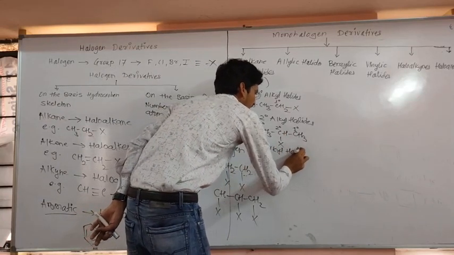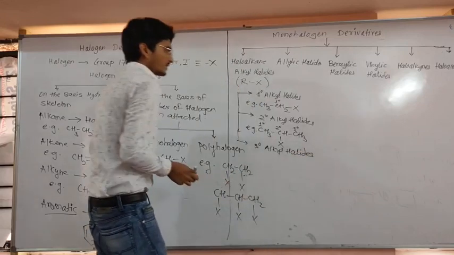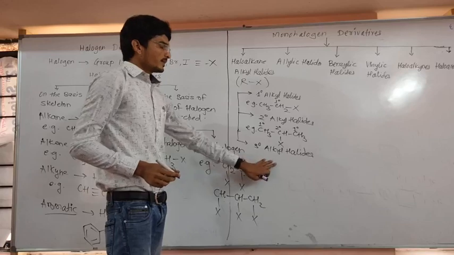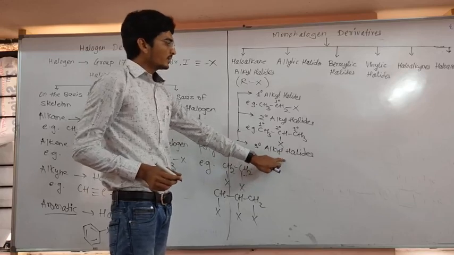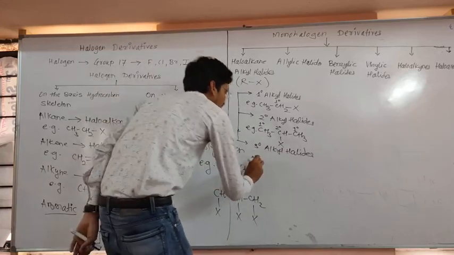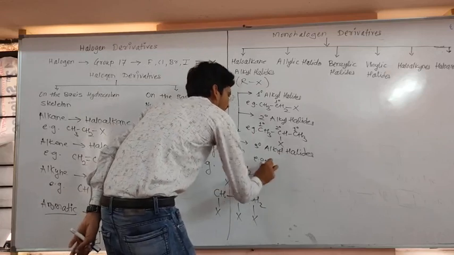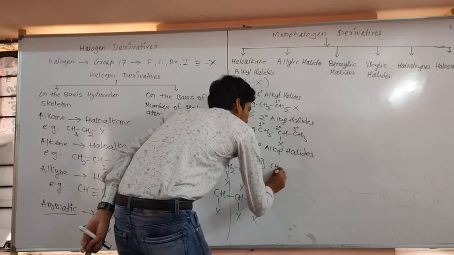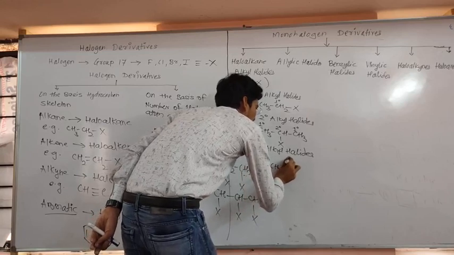So what is meant by tertiary alkyl halides? Again same thing. When the halogen atom is attached with a tertiary carbon of the alkyl group, then it is called tertiary alkyl halides. So consider the isobutyl group.